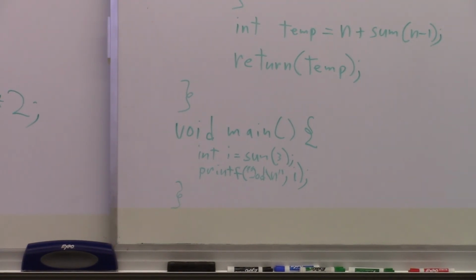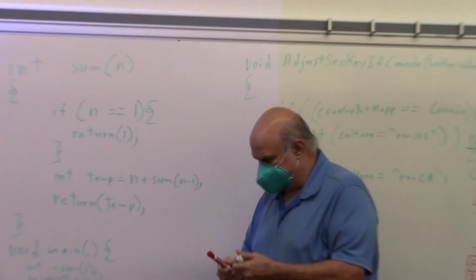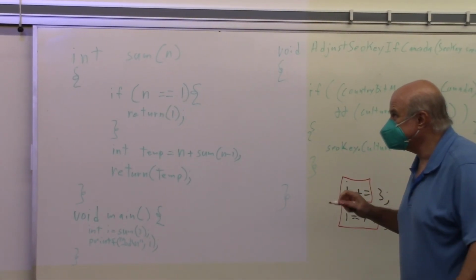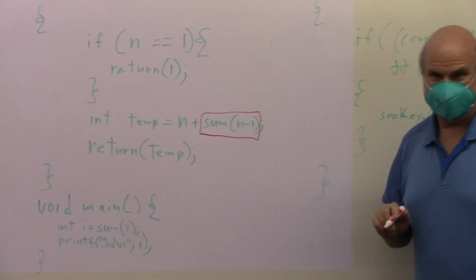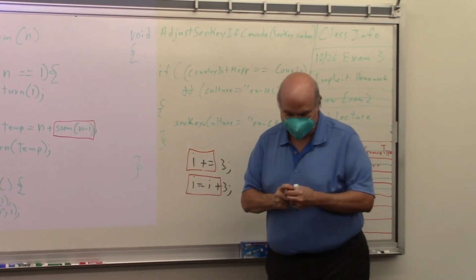Okay, for the last subject of the evening, we're going to talk about functions and recursion. So, this is a recursive function. The thing to note about this recursive function is that it calls itself. That's what recursion is, a method calling itself.